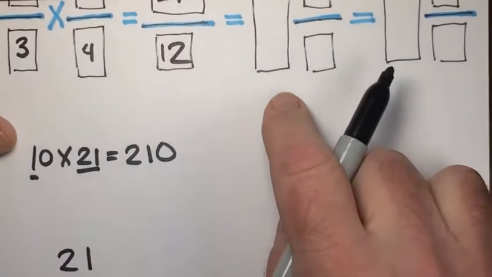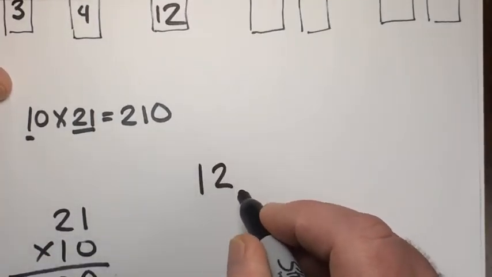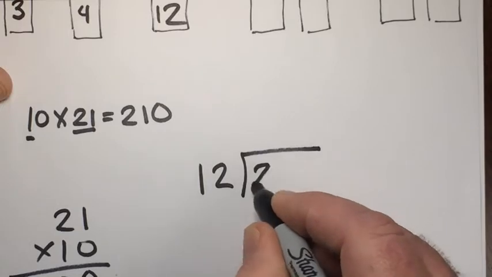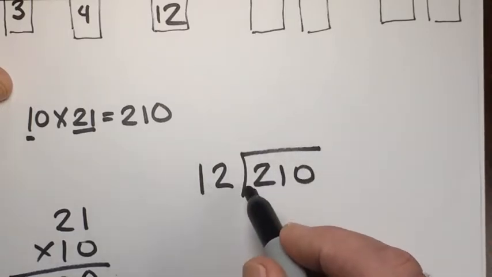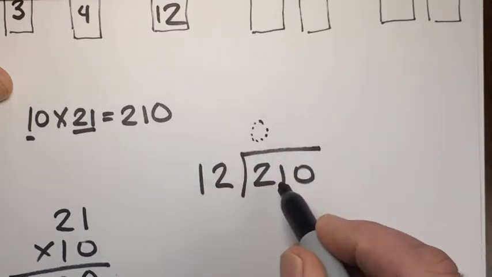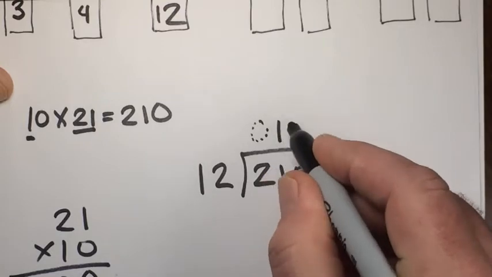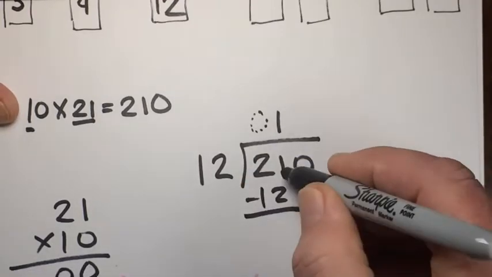Then we're going to have to divide this. So we'll do another division problem, 12 into 210. And 12 will not go into 2. 12 will go into 21 one time. That's 1 times 12 is 12. I'm going to take away that.